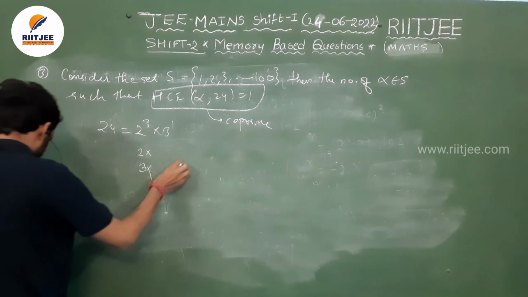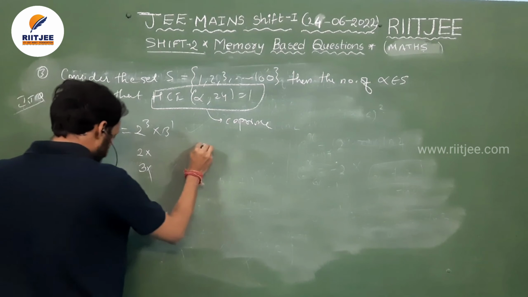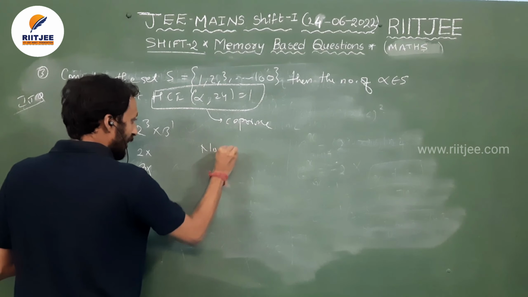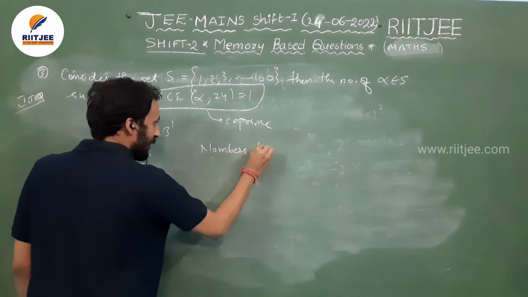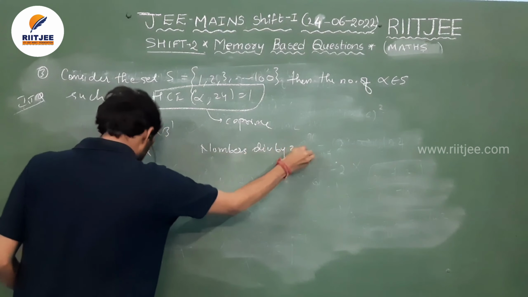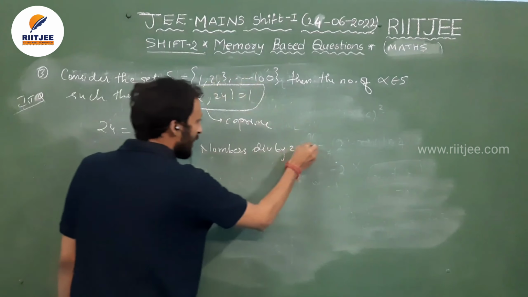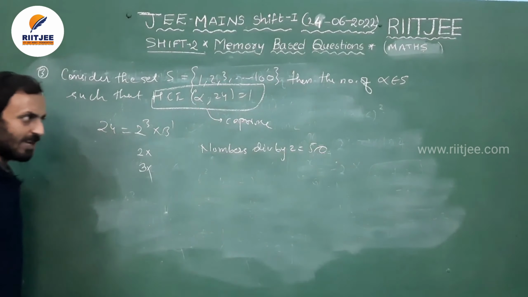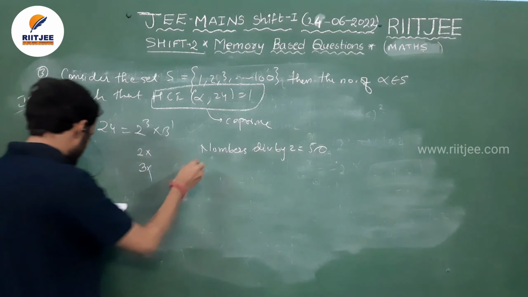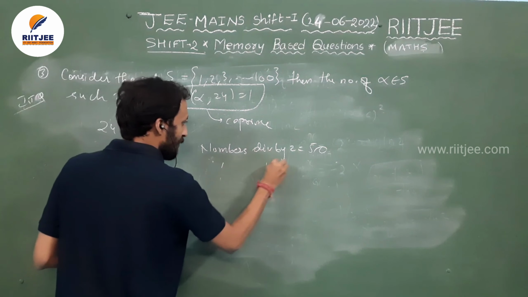So what I will do is calculate the number of numbers divisible by 2. How many numbers will be divisible by 2? Simple, 100 are there, so half of them will be even numbers, right? Now numbers divisible by 3.